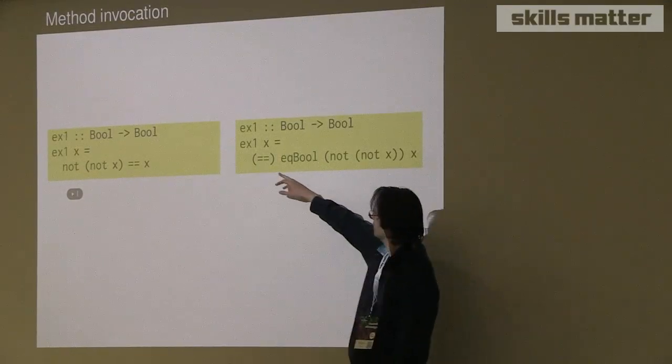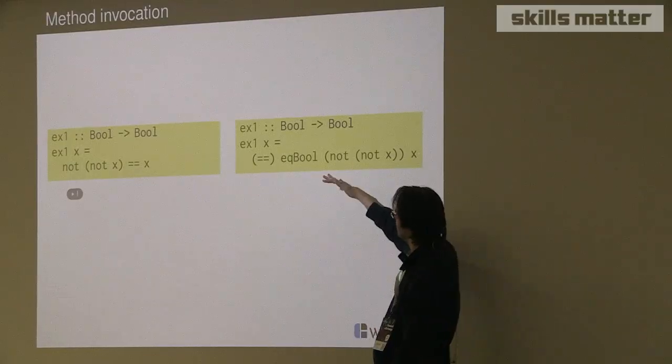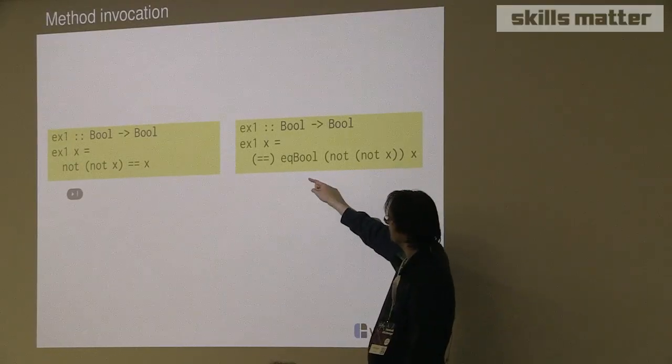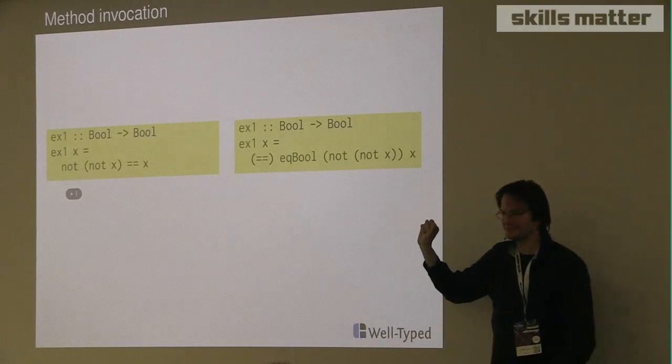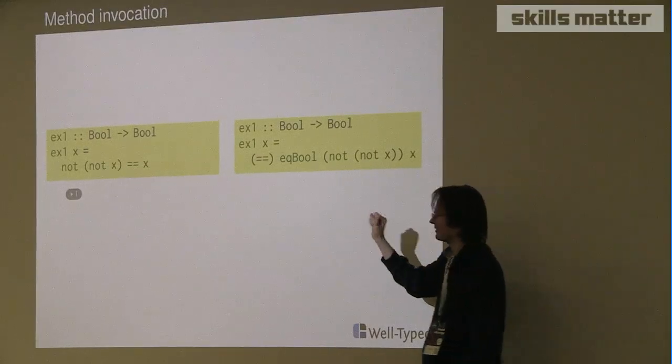Right. So I have to use prefix notation now because I need to pass 3 arguments to equals equals, unfortunately, right?